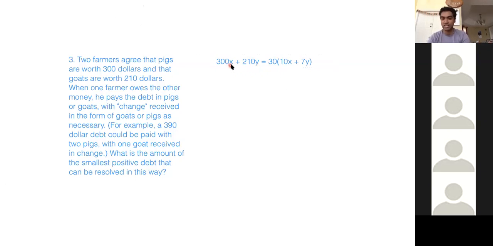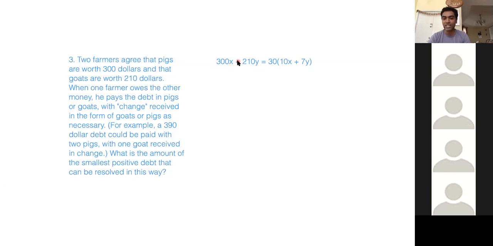Here x and y mean I give you x pigs and I receive y goats. One could be negative for which I receive and the other positive for which I give. So I can express any debt like 300 times 3 minus 210 times 4, where x is 3 and y is minus 4.